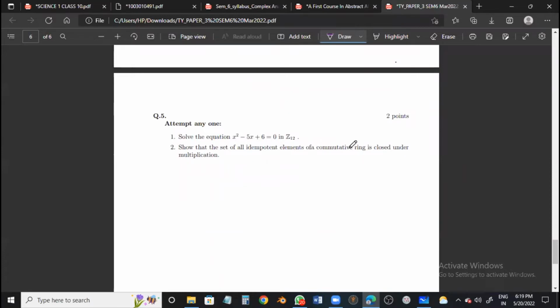I would like to proceed to the next. You were asked to solve this equation and you know very well inside Z12, the entries range from 0 to 11. So either you factorize this and check for it, or just keep the value of x in this equation and see whether it satisfies or not. Very sure, 2 and 3 are there.